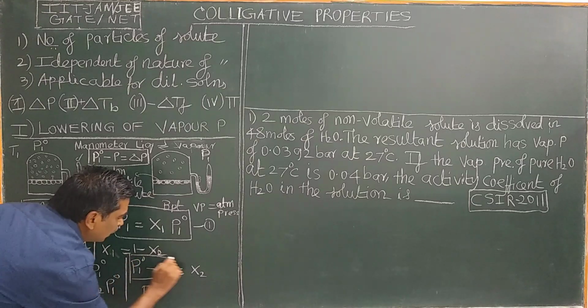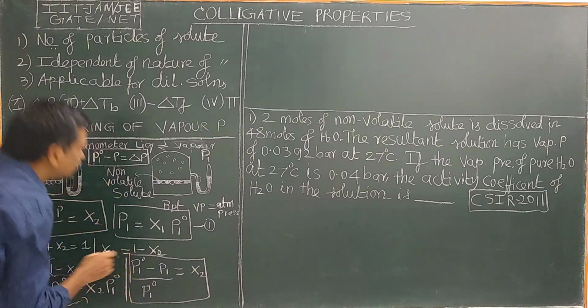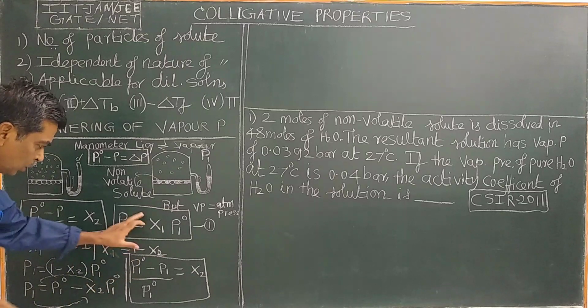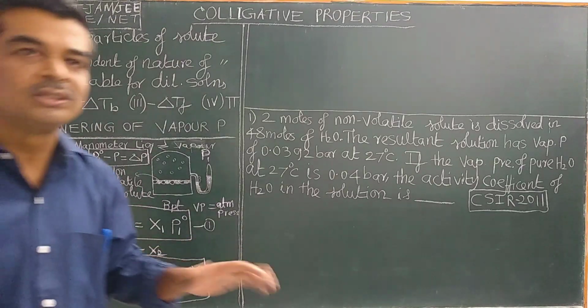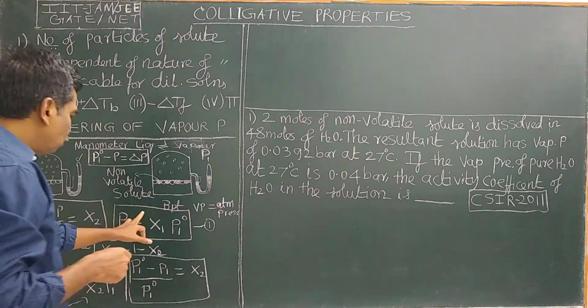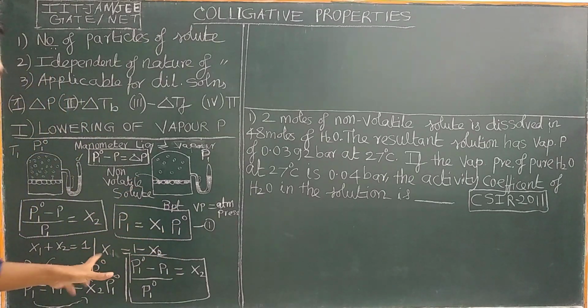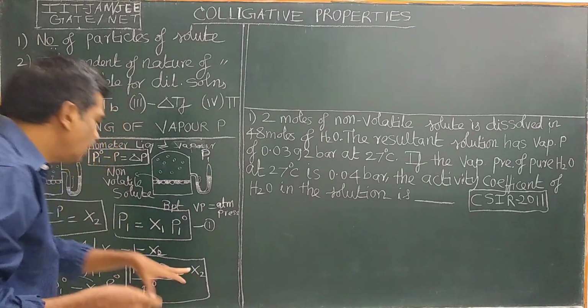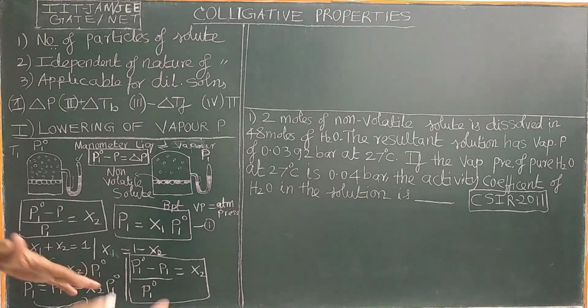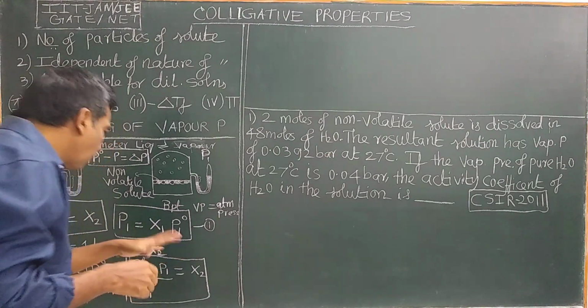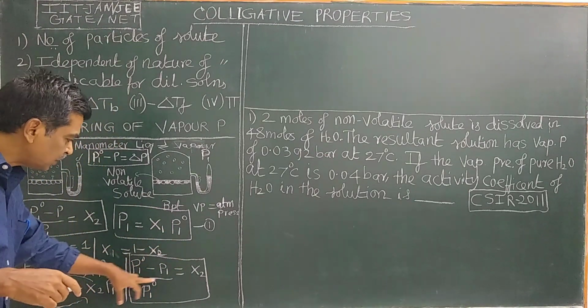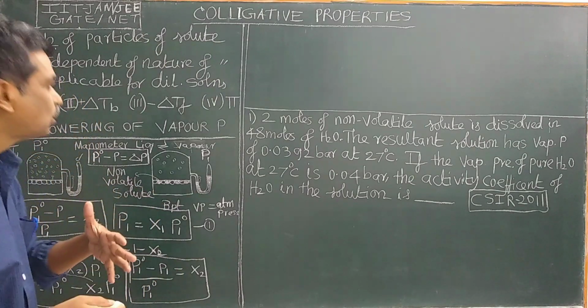So this is another form of Raoult's law. The two expressions are the same. This is the actual form of Raoult's law, and this is Raoult's law in terms of the mole fraction of the non-volatile solute. Therefore, the relative lowering of vapor pressure is equal to the mole fraction of the solute.